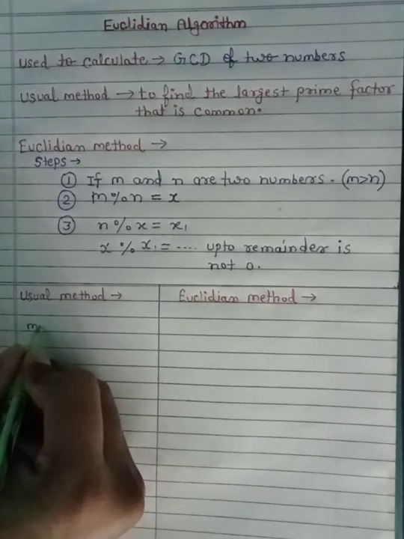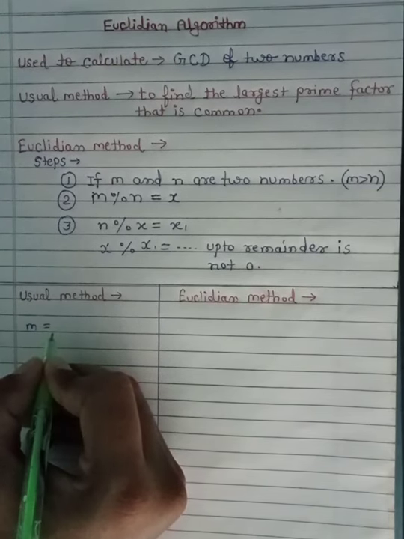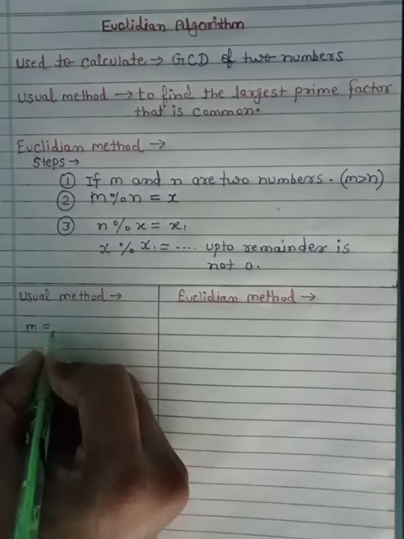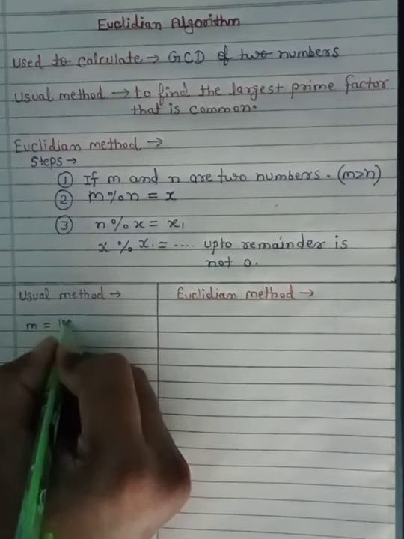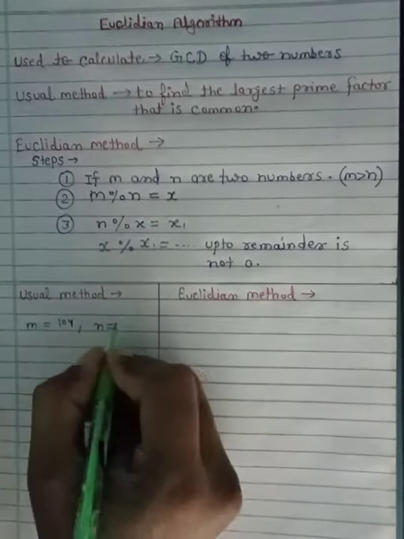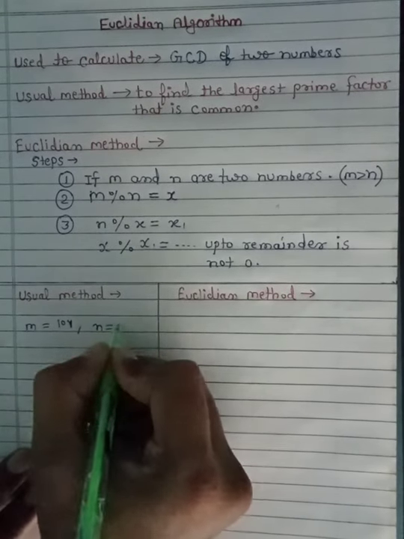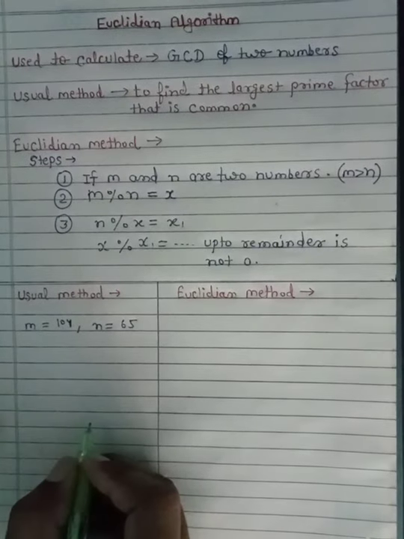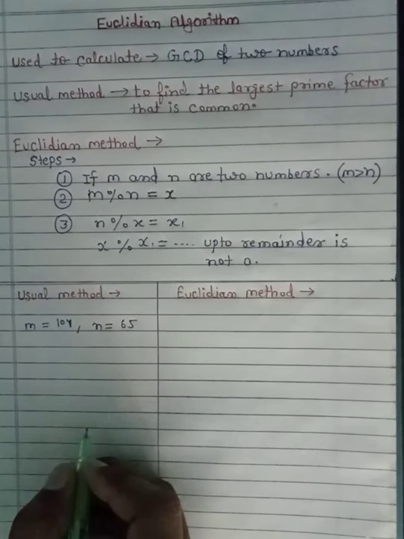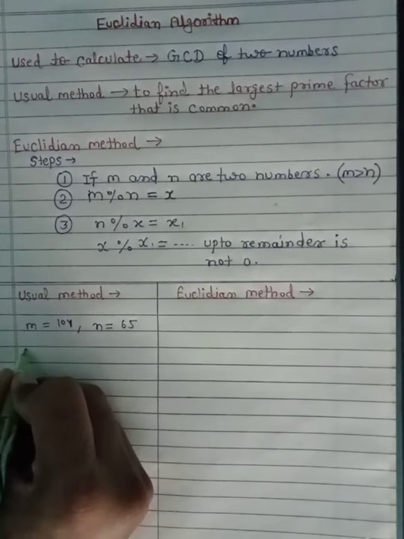Let's say we have two numbers, m, that is 104, and the second number, n, that is 65. So the usual method for finding the GCD is that we do the factorization.